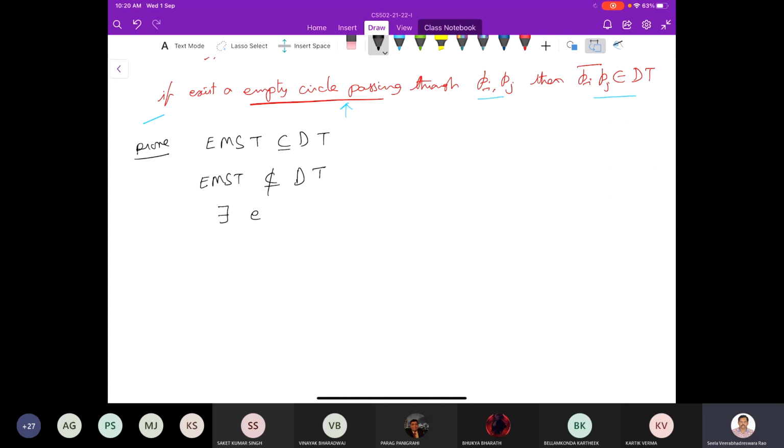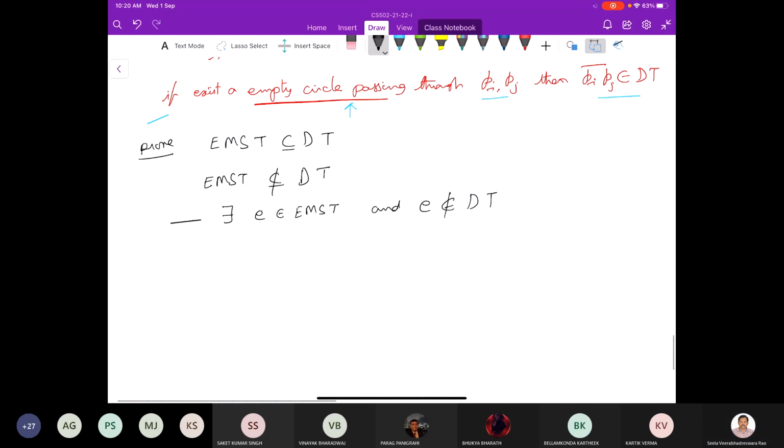There exists an edge E which belongs to the minimum spanning tree, and E does not belong to the Delaunay triangulation. If such a condition is present, then we can say that actually the minimum spanning tree is not a subgraph of Delaunay triangulation.